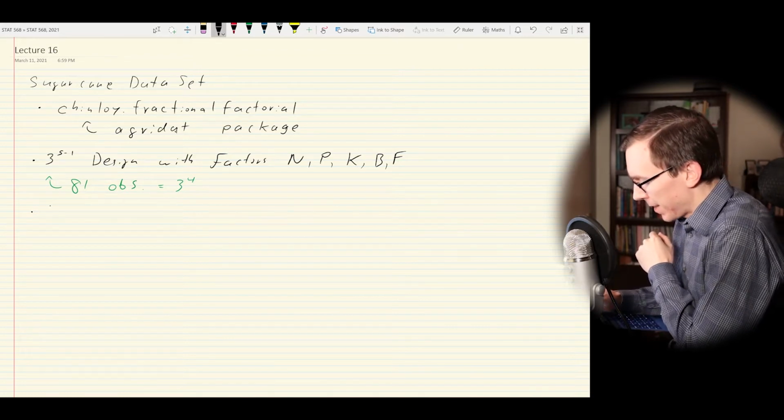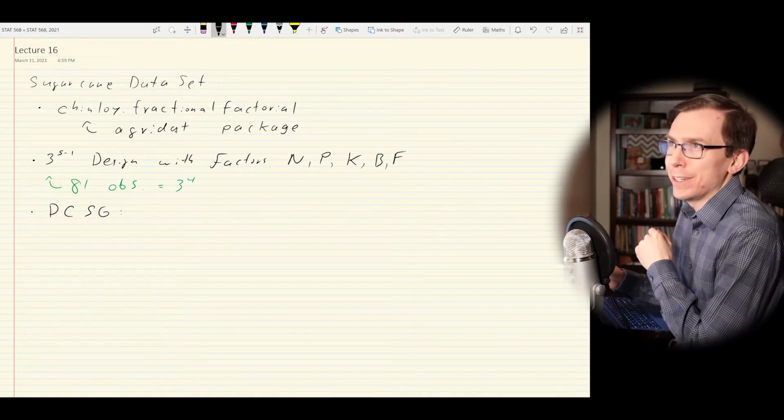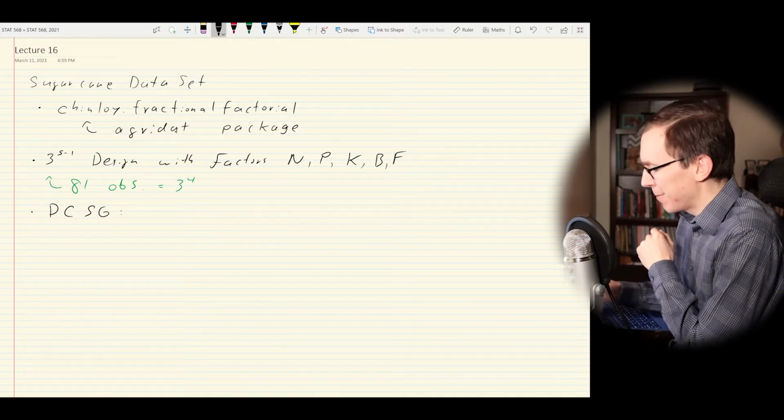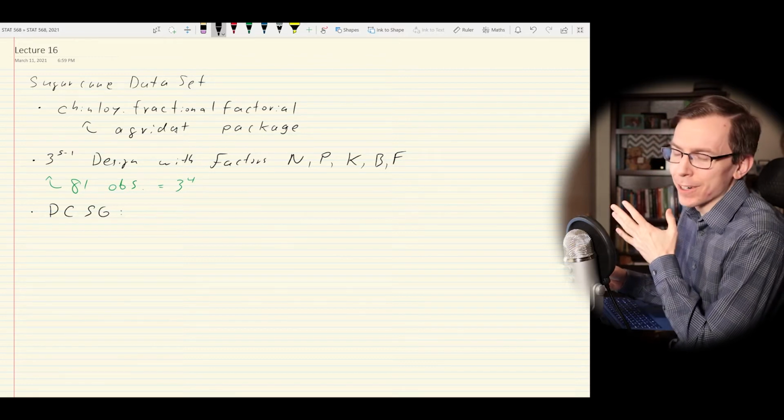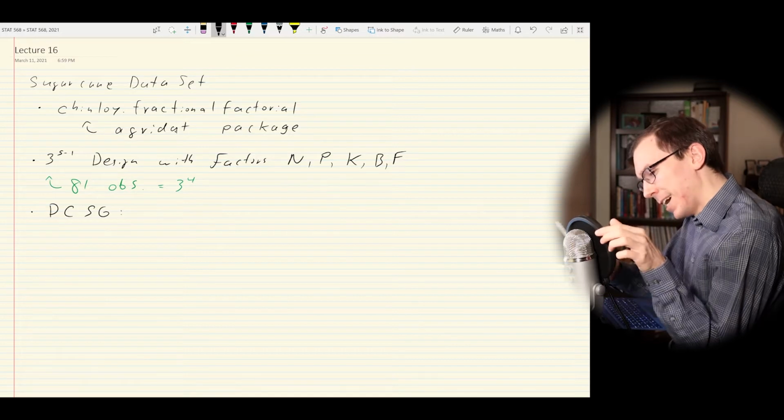The defining contrast subgroup, if you stare at the data long enough, or if you download the paper where it came from, which is quite old. I don't have R in front of me, so I forget how old it is, but yeah, the paper's dated a little bit.